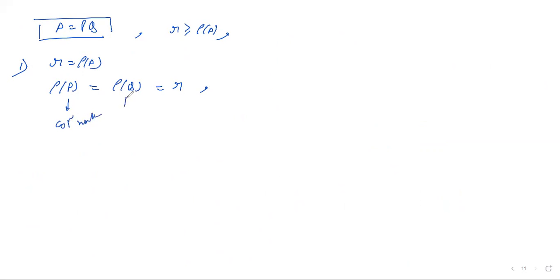This is my rank factorization of the matrix A, where we have taken the condition that R is greater than or equal to rank of A. And we can say that R is equal to rank of A, and rank of P is equal to rank of Q, and that is equal to R. That means P is of full column rank and Q is of full row rank, if they have equal ranks as R.